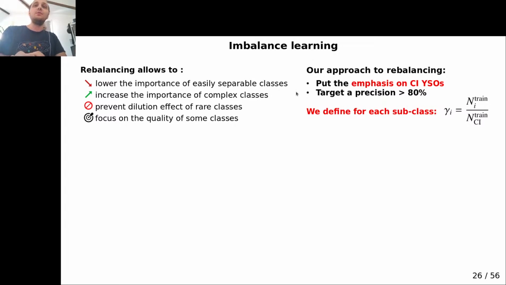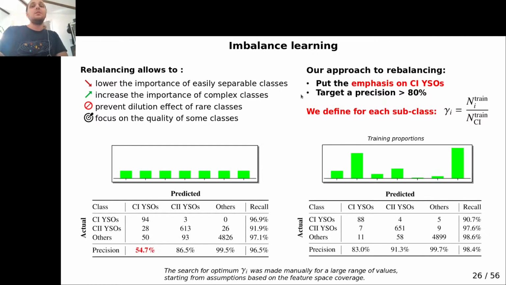So we have to rebalance our training dataset, and we do so by using a gamma E parameter that allows us to rescale all the subclasses regarding the number of class 1 objects we have in our labeled dataset. What does it mean in simple terms?